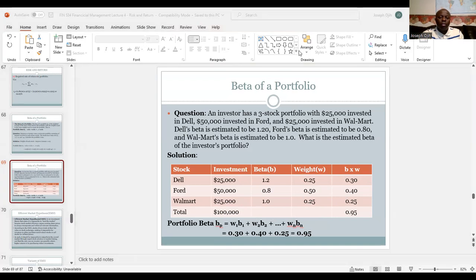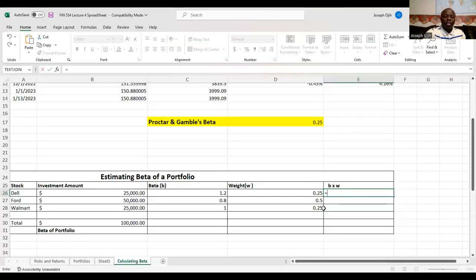So let us get the weight times beta column. It becomes this weight here times this beta here. Press the enter key to give us the weight times beta for the first stock, and I'll copy it down.